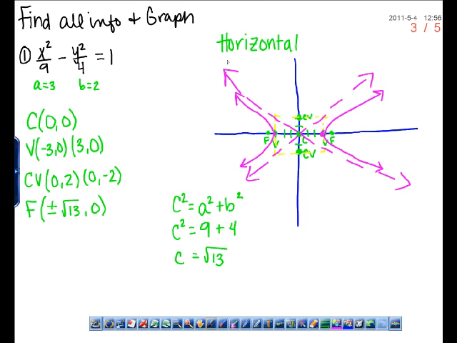I decided this was horizontal. Did I actually draw a horizontal hyperbola? Yeah. Okay? Questions about any of that? Like I said, lots of steps, but if you keep yourself organized, you'll remember the steps. Okay? All right, last thing we want to do is find the equations for the asymptotes.